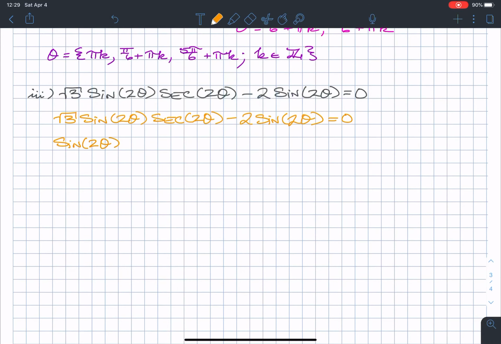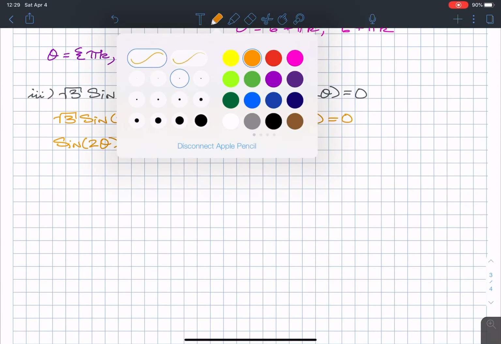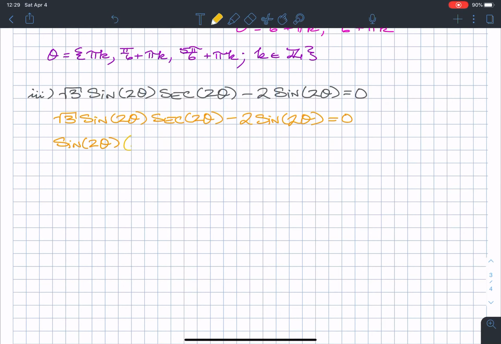So we've got a sine of 2 theta common to both terms. And when we factor that out, what do we have left? Well, it looks like we have a square root of 3 secant of 2 theta minus 2. That's equal to 0. So I either have, pardon me, oh, come on, really?